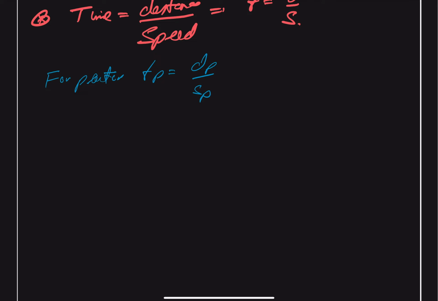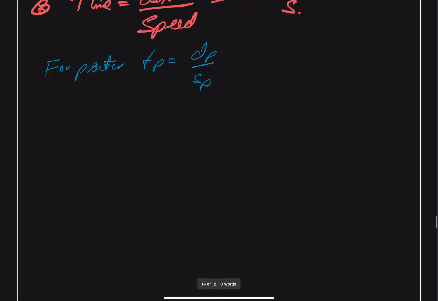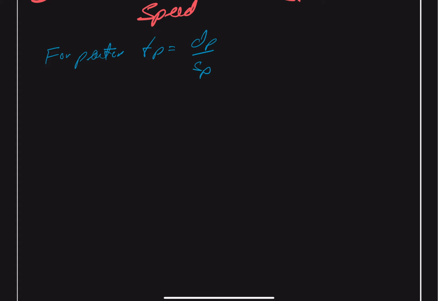From the figure you can see the distance of the proton in the magnetic field is the length of the arc it makes inside the magnetic field.